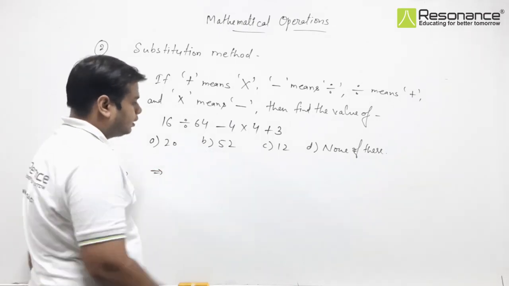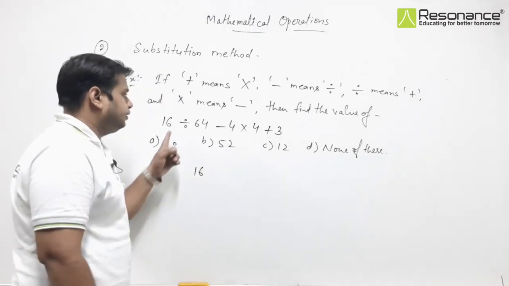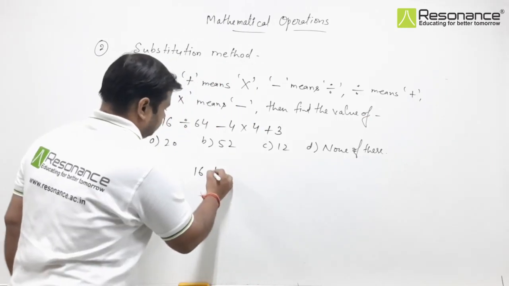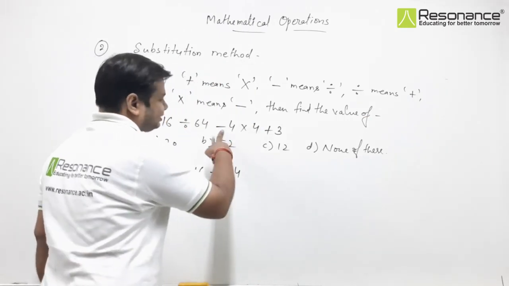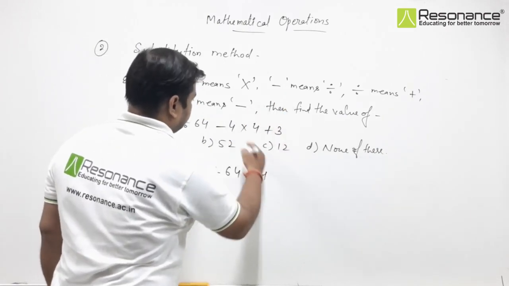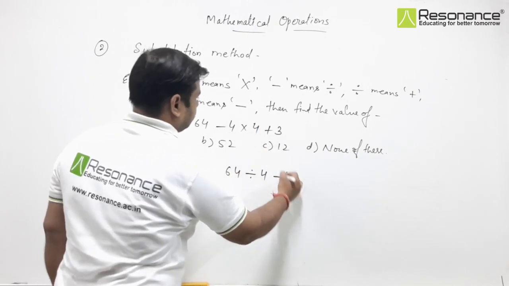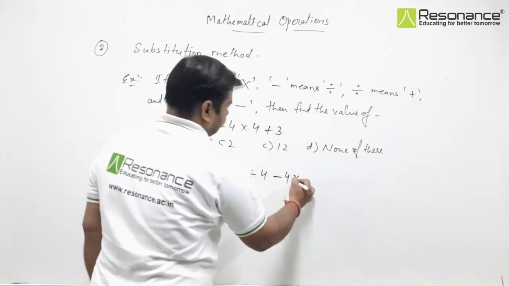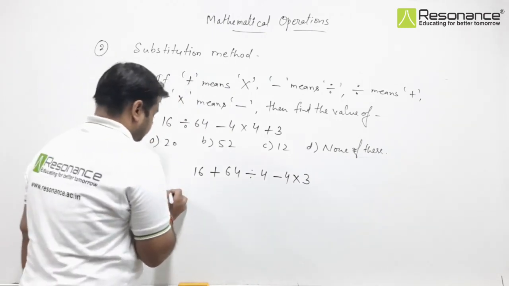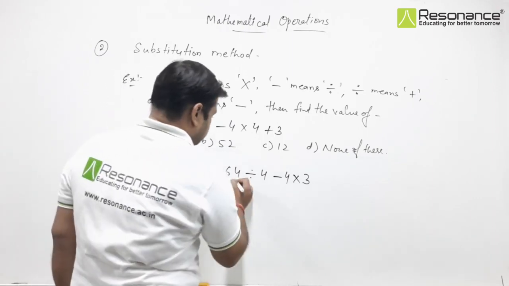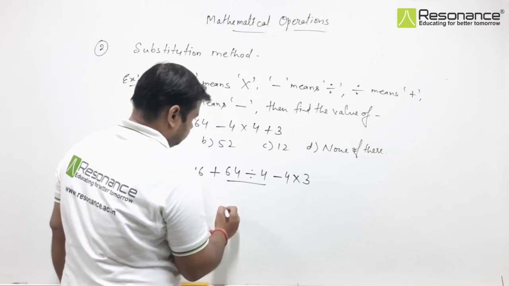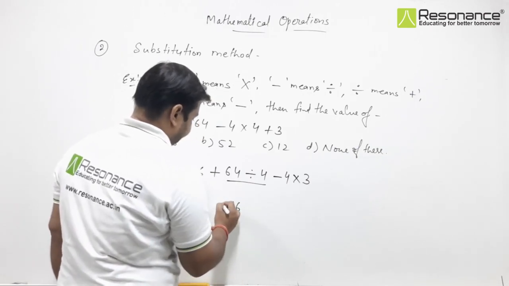So let's substitute the correct signs. 16 divide. Divide is known as plus. 64 minus. Minus means divide. Multiply means minus, and plus means multiply. So we have done. Now let's solve this. 64 divided by 4 is 16.